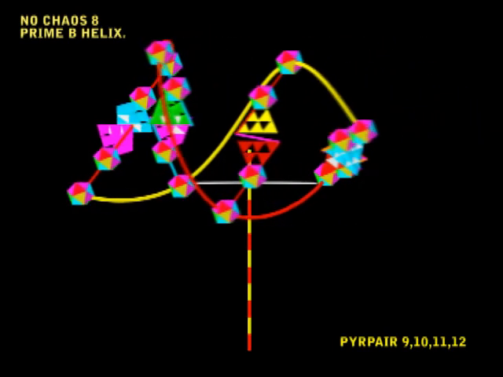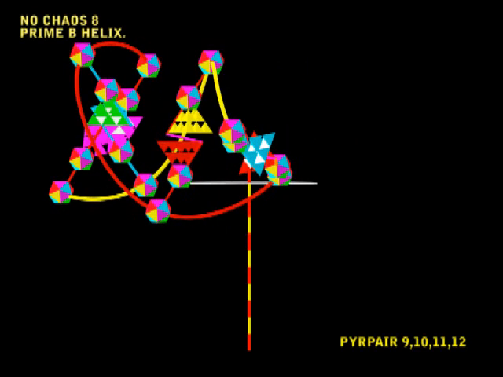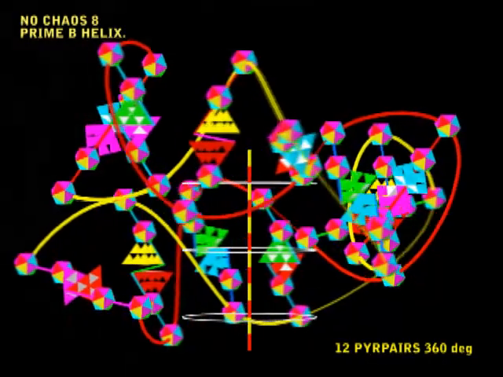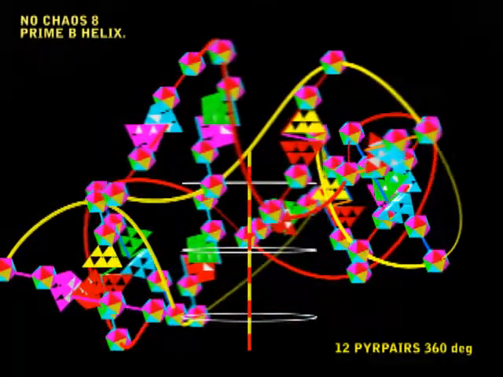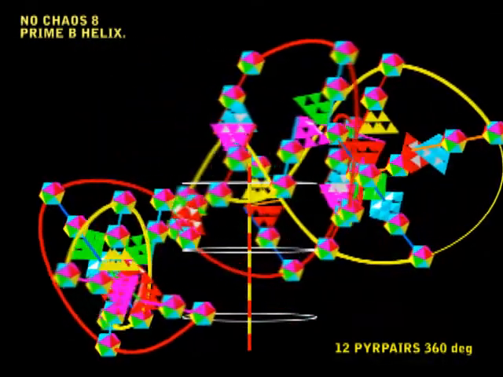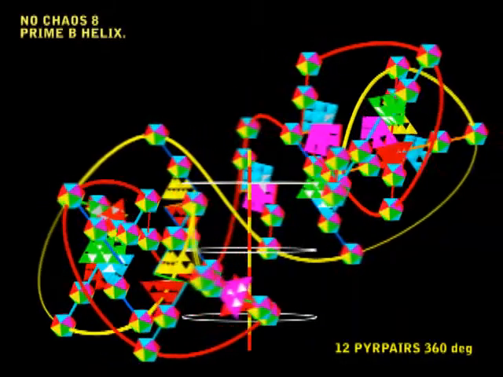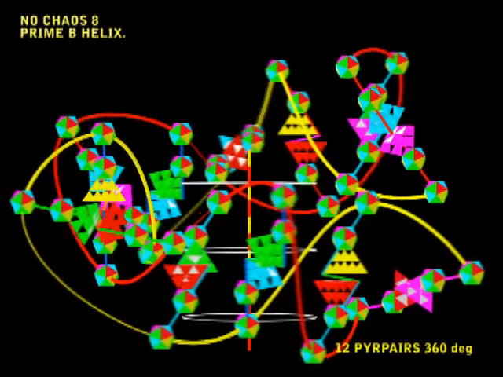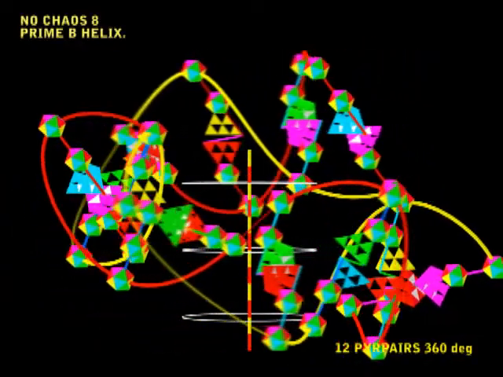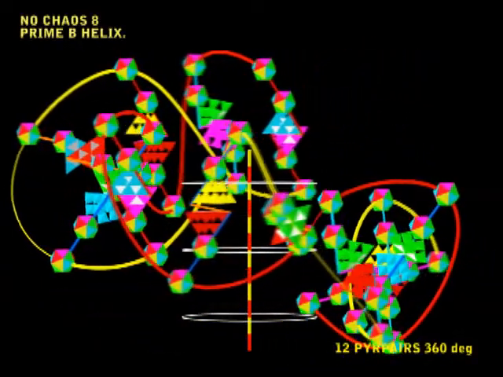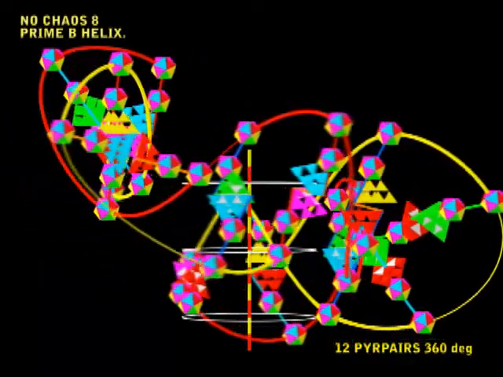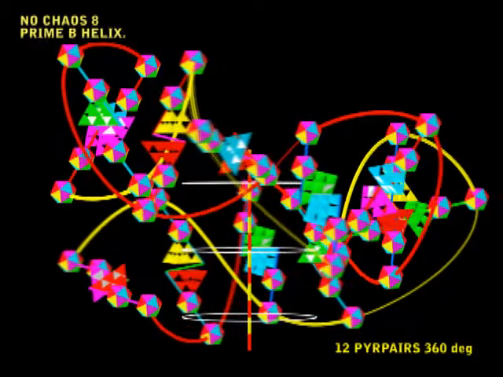The red and yellow pyramids contain different vectors. Now we show the three sets going around together, and you can see the red and yellow PYRPAIRs have cyan, blue and red icosa vectors. So you can see that the DNA rungs have a perfect three-dimensional mathematical sequence. But I guess the mathematicians only want to spend their time trying to figure out the chaos theory.